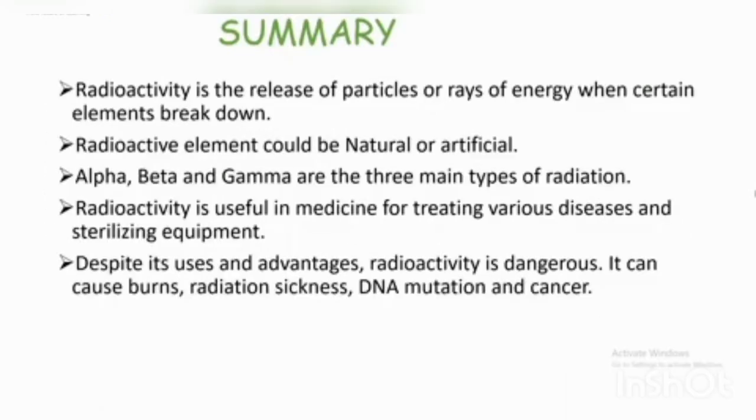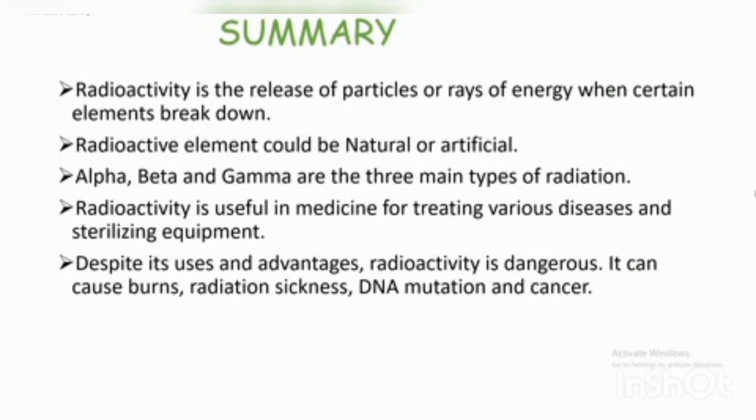In conclusion, radioactivity is the release of particles or rays of energy when certain elements break down. Radioactive elements could be natural or artificial. We have types of radiation: alpha, beta, and gamma are the three main types.